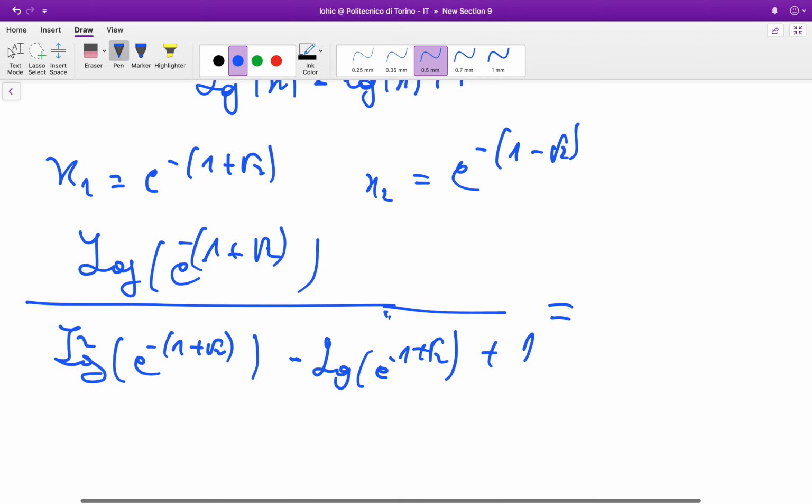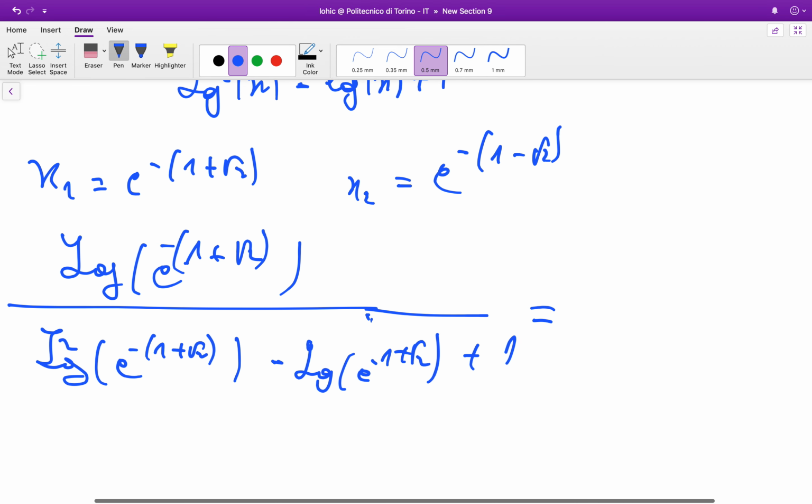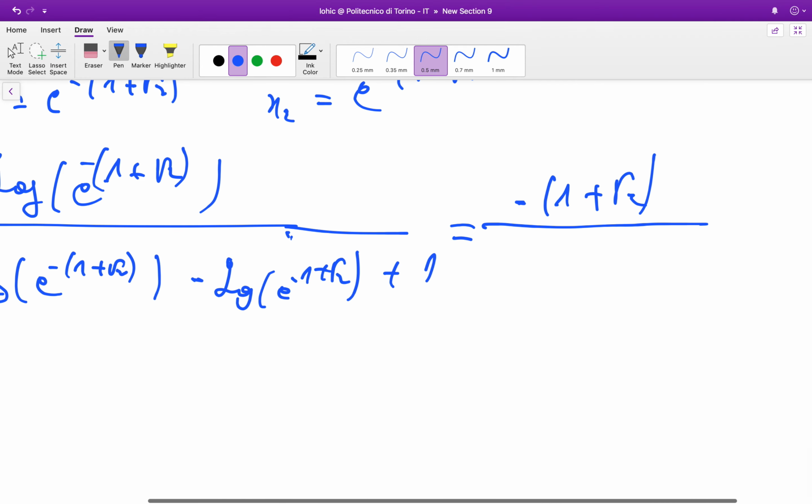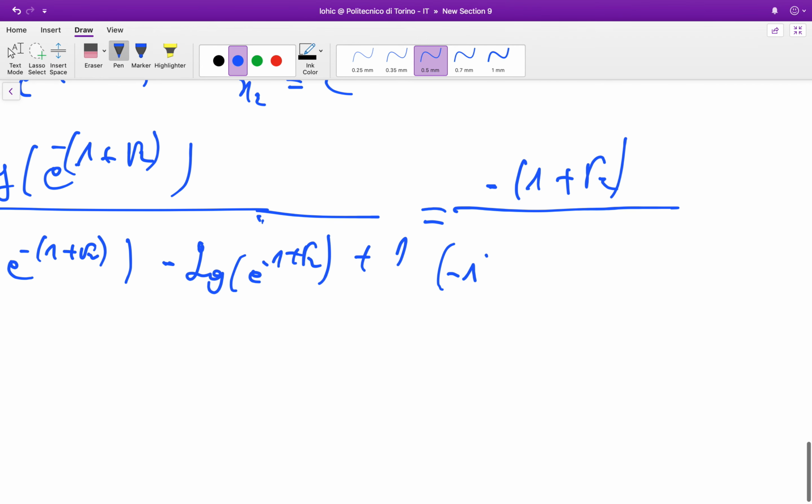So at the numerator you just get minus 1 plus root 2, divided by minus 1 plus root 2 all squared, minus 1 plus root 2, plus 1.